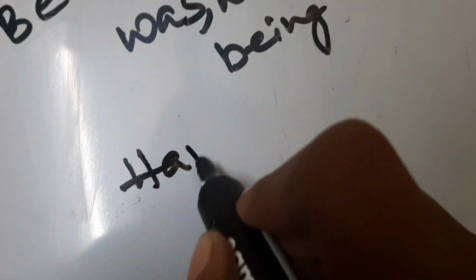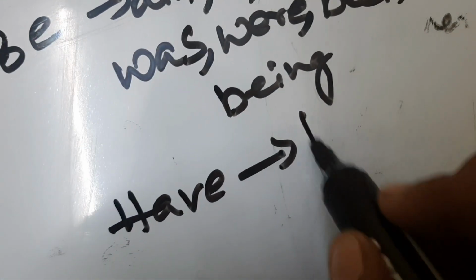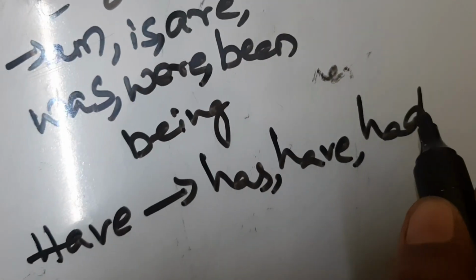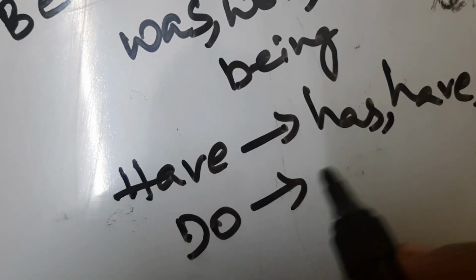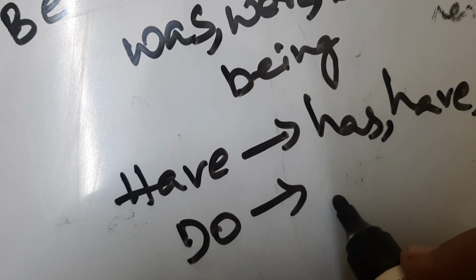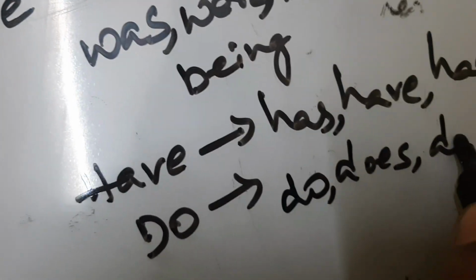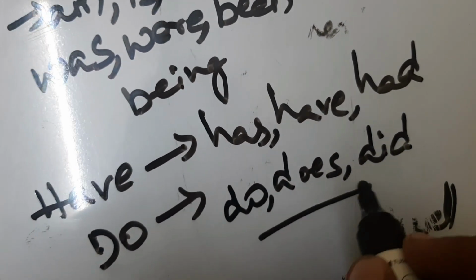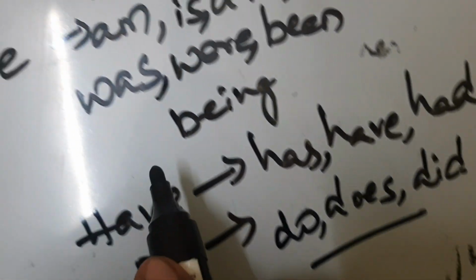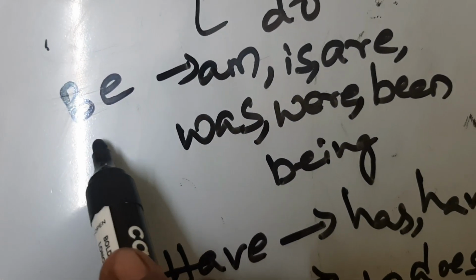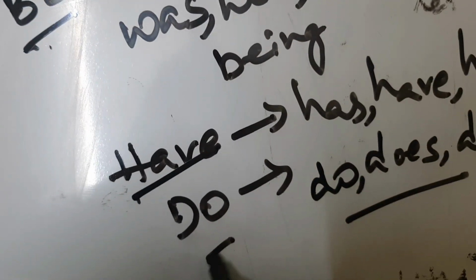Have is connected with has, have, and had. Do is the third primary helping verb: do, does, did. These all come under do. We have three primary helping verbs: be, have, and do.